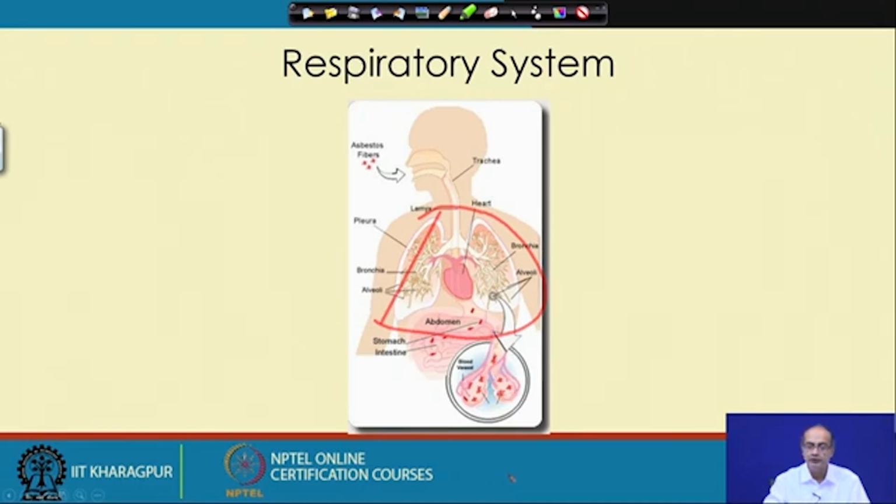In this inspiration phase, as the air is coming in, as you see here, we have shown asbestos fibers. Similarly, different kinds of dust could be suspended in the air, and that can also come inside the body. To stop them, at the beginning of the nasal cavity we have some hairs, which try to stop them.